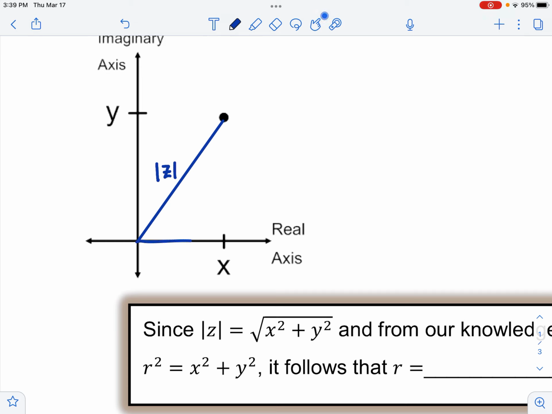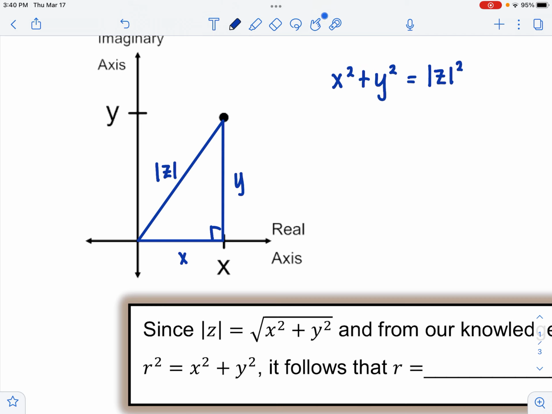So we can label that magnitude, and we'll call it the magnitude of z. Now, if I said, all right, what's this distance right here? I went a little too far, but that distance right there, we know that's x. If I said, what's this distance right here? We know that's up y, so that's y, and I just made a right triangle. So how do I find the magnitude of z, or sorry, the length of z right now, which is the magnitude? I can use the Pythagorean theorem. We can do leg squared plus leg squared equals hypotenuse squared.